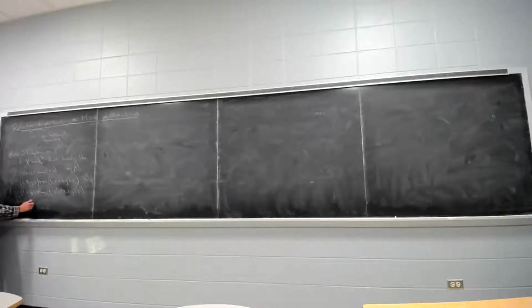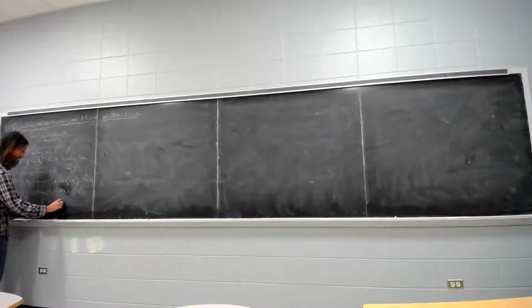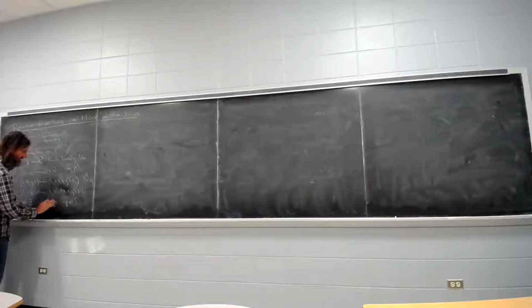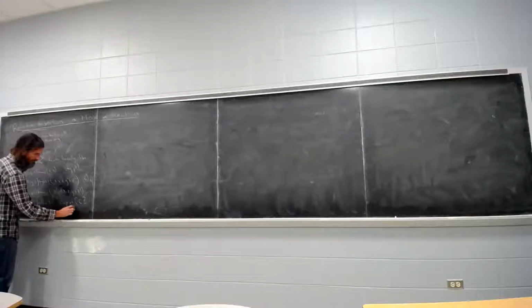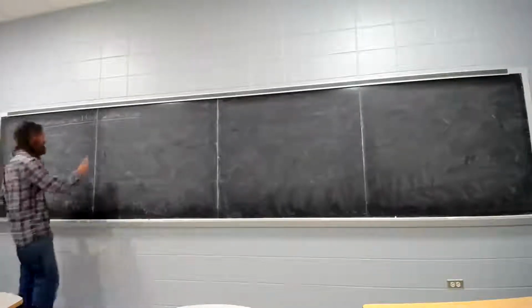So Z is a one-manifold in X, and it contains the cusp set C. Cusp set C is contained in Z, and that's a bunch of points. And then the image, f of Z.